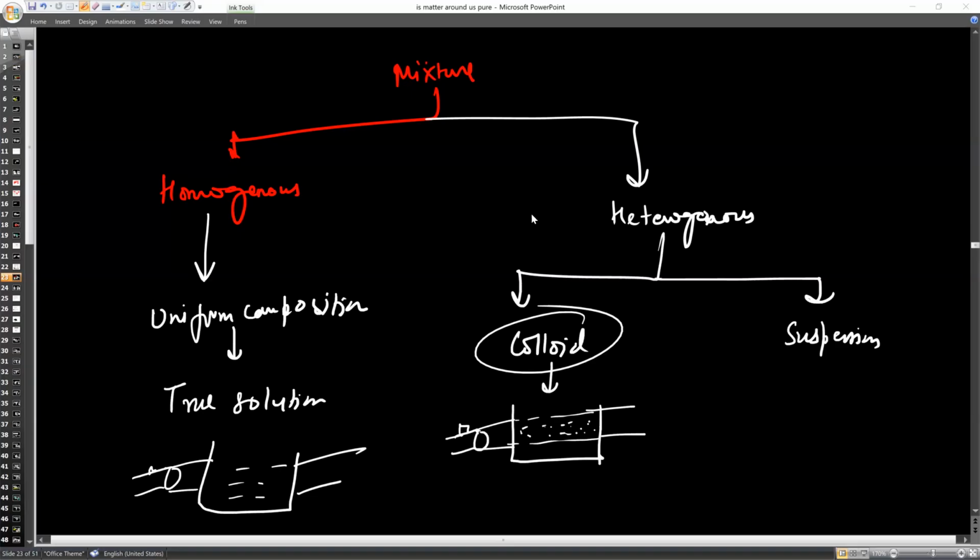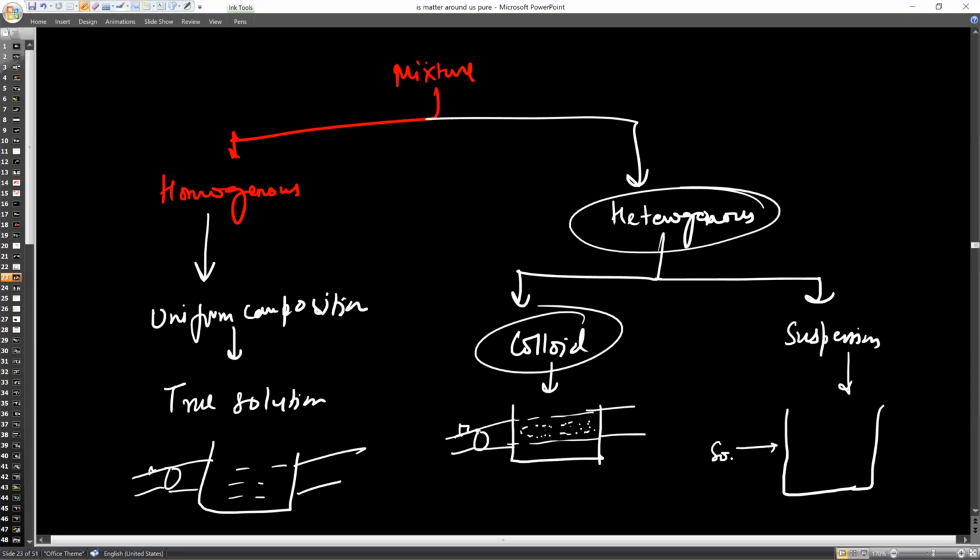If the path of light is visible, then we call it a heterogeneous mixture. The particles are big enough that they can scatter the beam of light. In a suspension, the particles are even visible with the naked eye, like a soap solution.